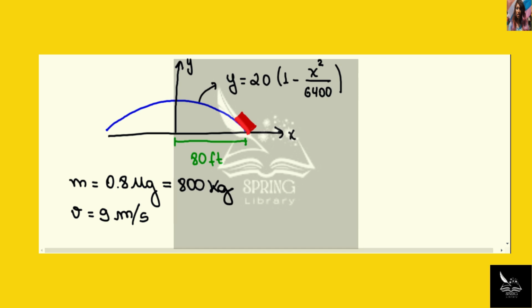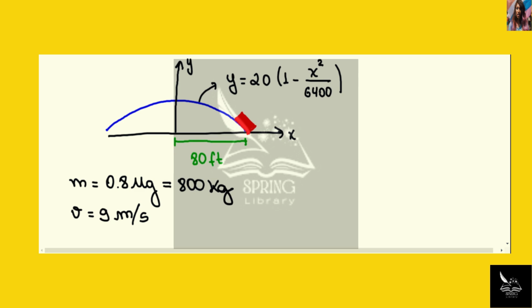And our goal is to find, when x is equal to 80 feet here in the figure, and the car has a constant speed of 9 meters per second, what is the normal force that the surface exerts on the car, and what is the friction force that the road exerts on the wheels of the car.